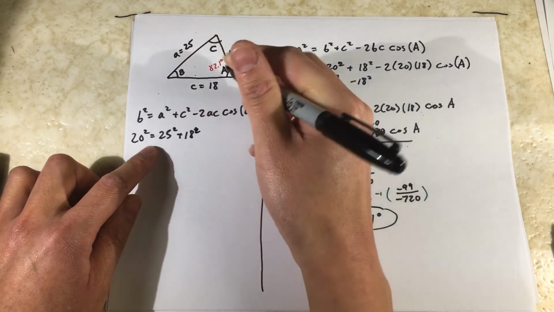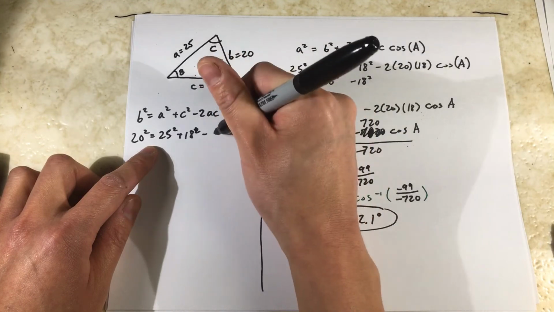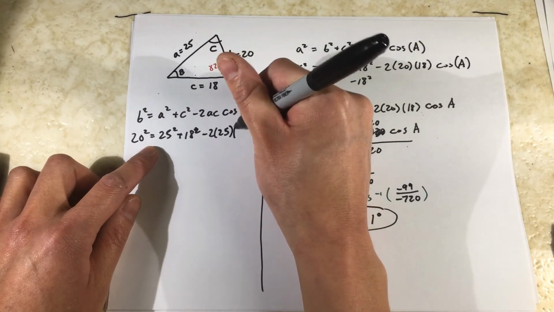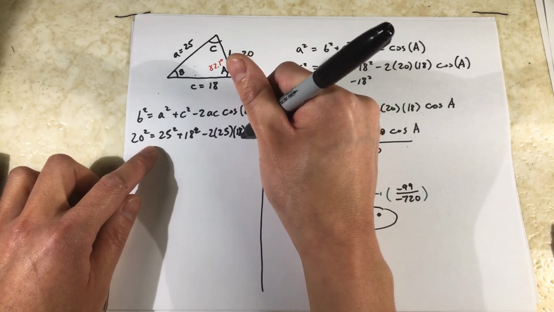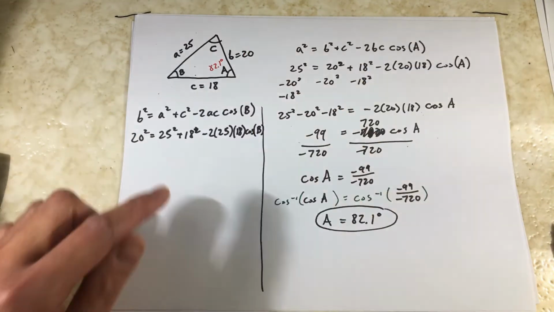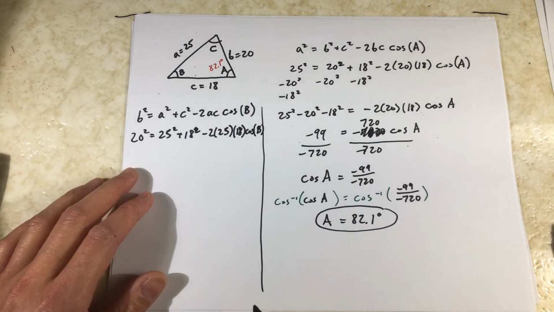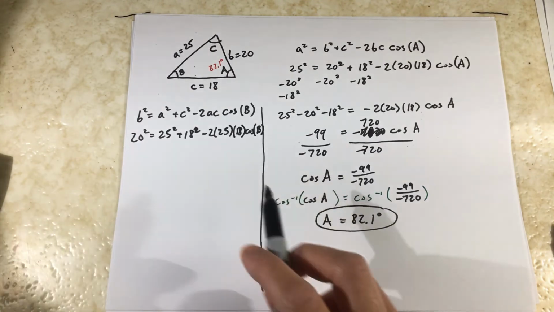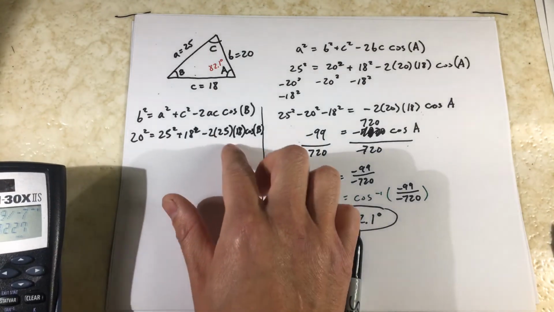Sometimes you might have to see this. If you take physics, I know I say this a lot, you'll see this. Maybe not introductory physics, but it does come up in the physics curriculum. So I'm going to subtract the 25 squared, subtract the 18 squared, and then divide by this.